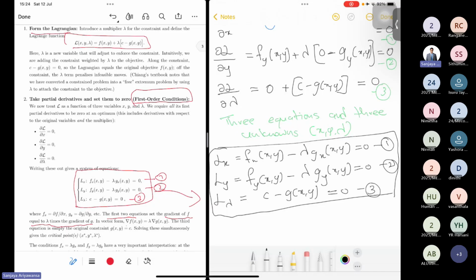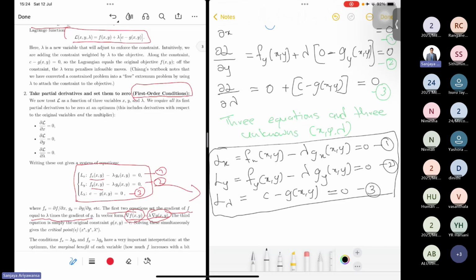The symbol for gradient is this kind of triangular sign upside down. That's the gradient function. So what you're doing is partially differentiating your functions f and g with respect to x and y, and from the first two equations you see that the gradient of f(x, y) equals this Lagrangian multiplier times the gradient of g(x, y).